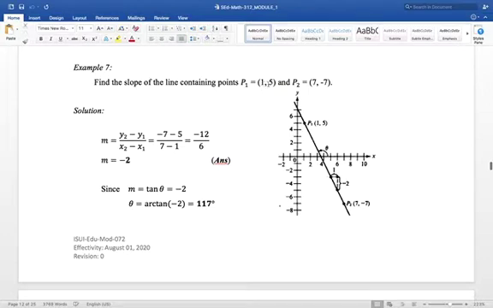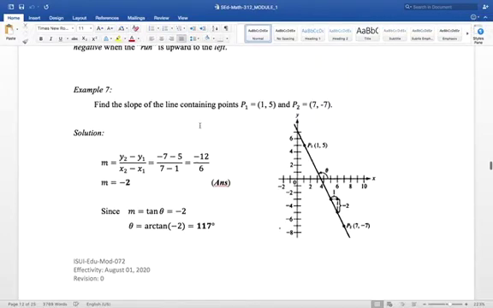I label these points. So for example, for P1, I label 1 as x sub 1, 5 as y sub 1, 7 as x sub 2, and negative 7 as y sub 2. Okay? So that you can immediately use the formula by just replacing the numbers from the points given.